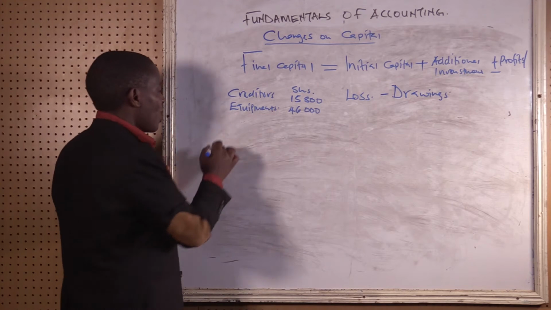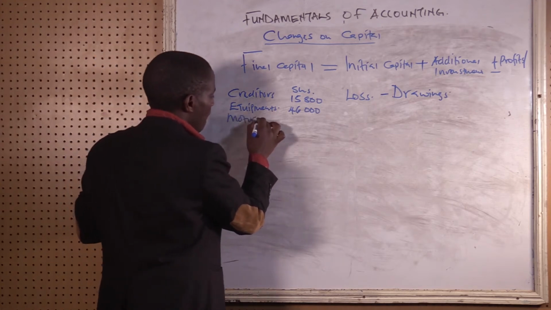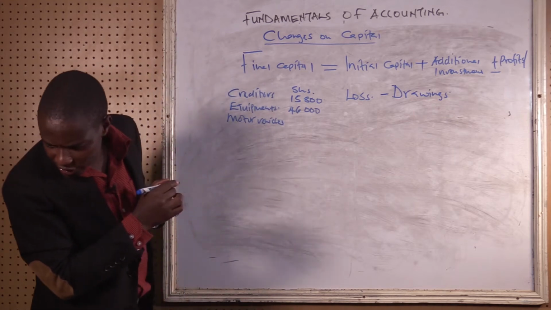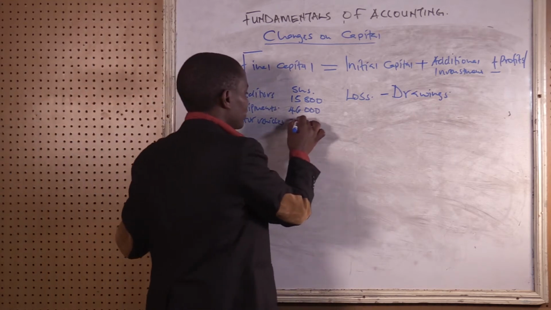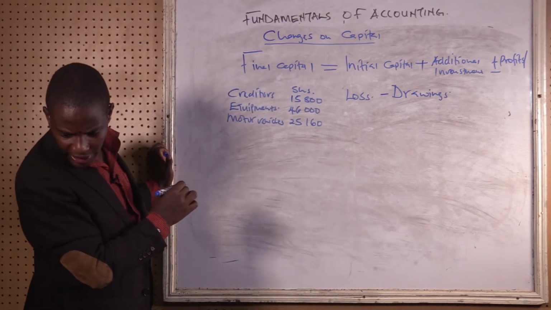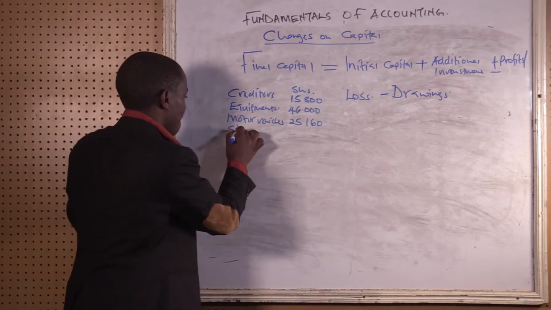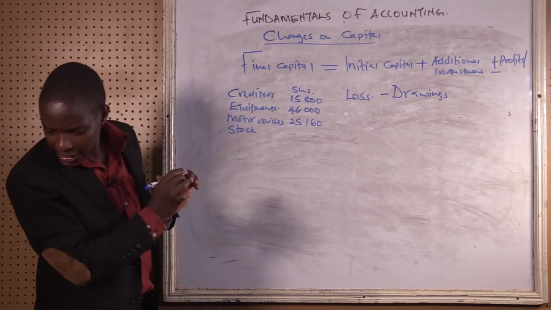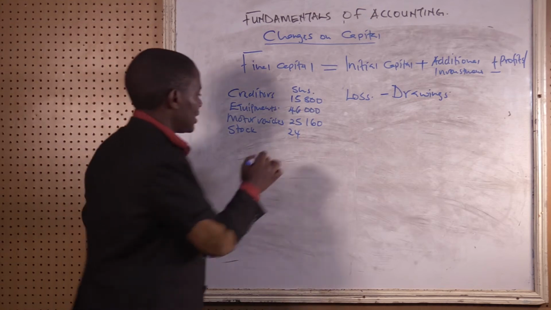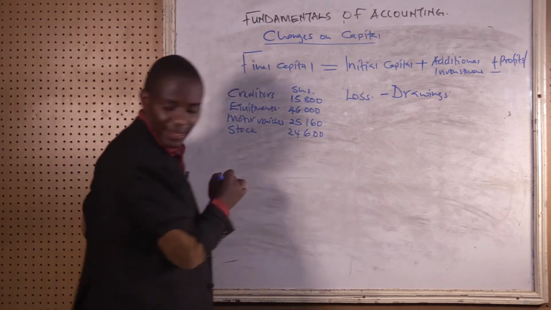From equipments we have motor vehicles. For motor vehicles we have 25,160. And then we have stock. Stock is 24,600.